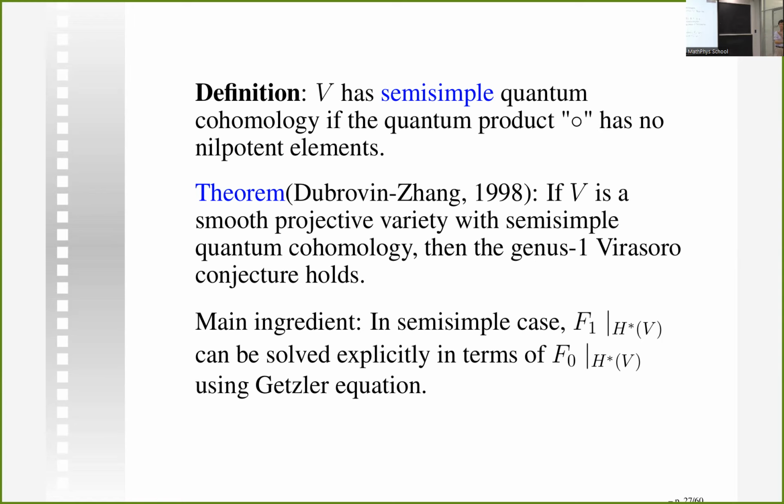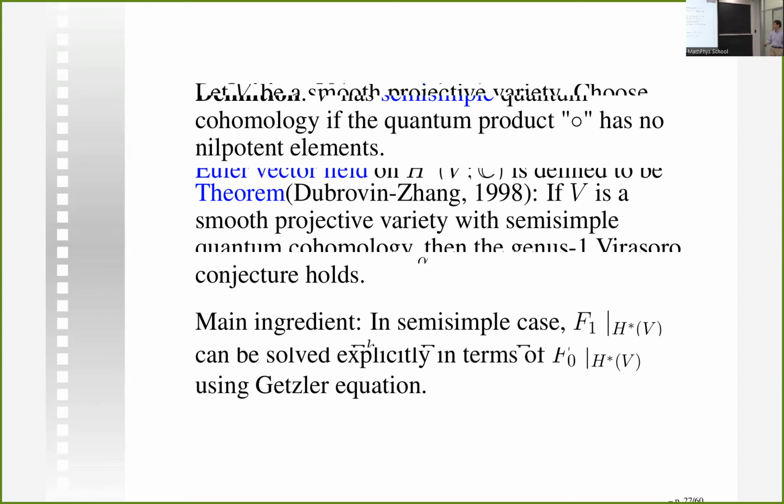In the canonical coordinates, the Getzler equation becomes very simple, so you can essentially solve for F1 from F0 using the Getzler equation, up to a constant. Then to prove the Virasoro constraint, they just plug into the Virasoro constraint to check whether you get 0. That's the idea of how it is proved in genus 1.